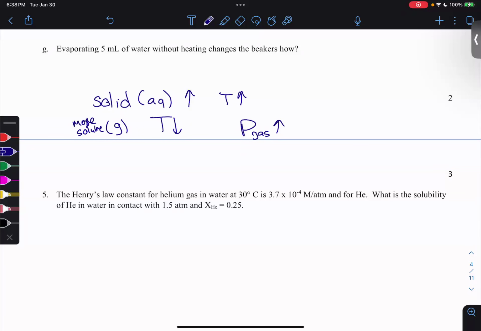So the solubility, how much CO2 is dissolved in that soda can, is high when it's closed. But let's think about what happens over time to a soda. If you open it up and just leave it, what happens? It goes flat. Goes flat because now it's in contact with just one atmosphere of pressure. So nothing's keeping those gases inside, all right? So under higher pressure, gases become more soluble.